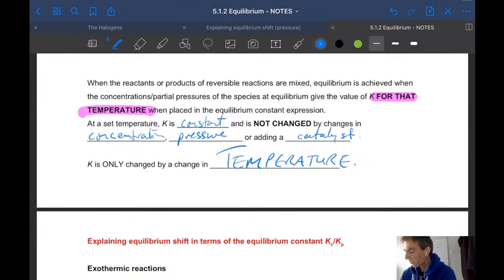So we're after the K value for that temperature. That's what I would keep in the back of my head. I want to get the K value for this temperature. If I change the pressure, the concentration, or I put a catalyst in, K won't change. If I change the temperature, K will change. So you'll see all that in action now.